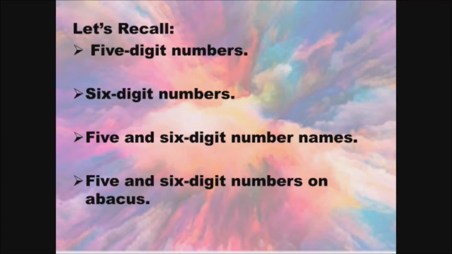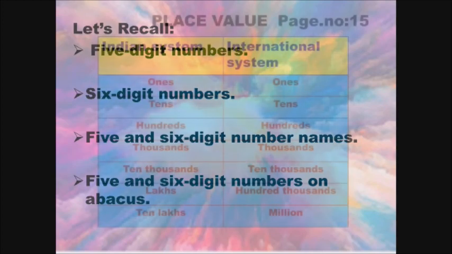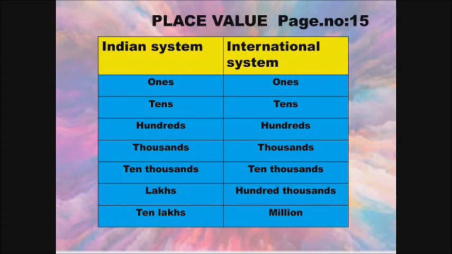So we have learned 5-digit number and 6-digit number according to the place value. Next, 5 and 6-digit number names. Next, 5 and 6-digit numbers on abacus. So we have learnt all these topics in previous class. Let us see our today's class.